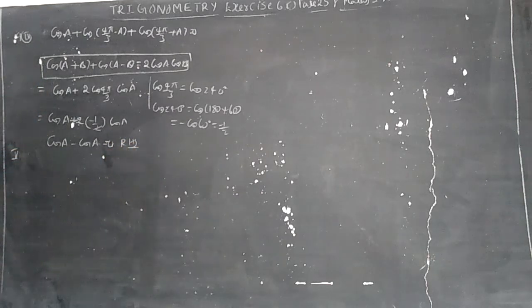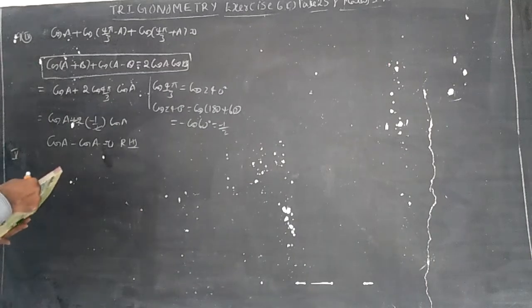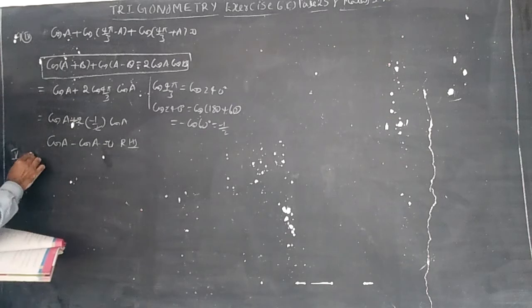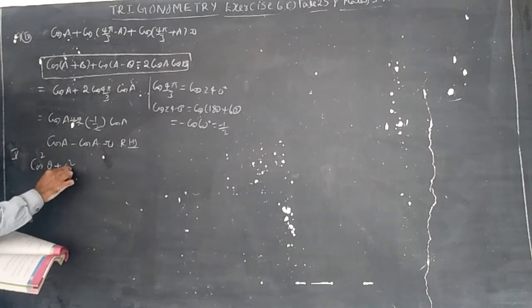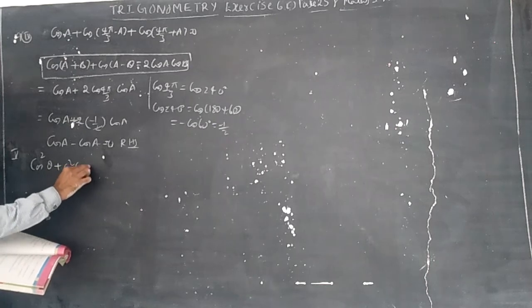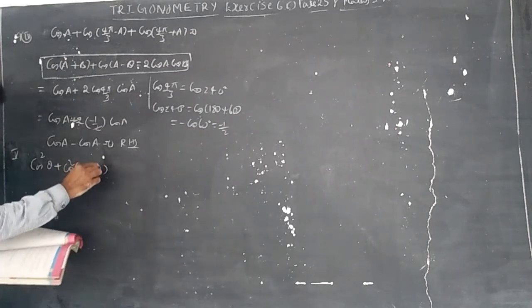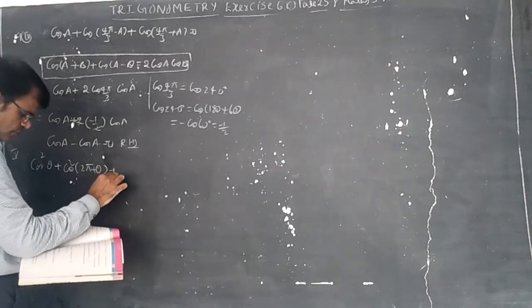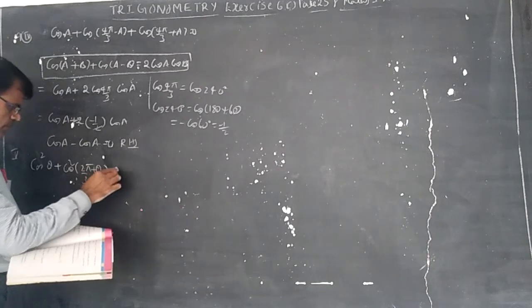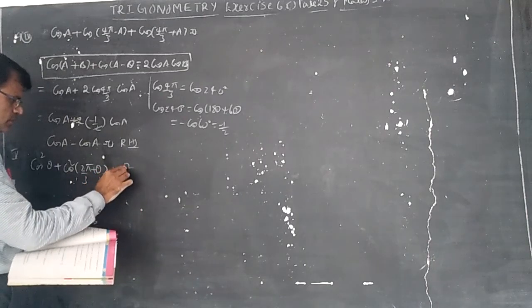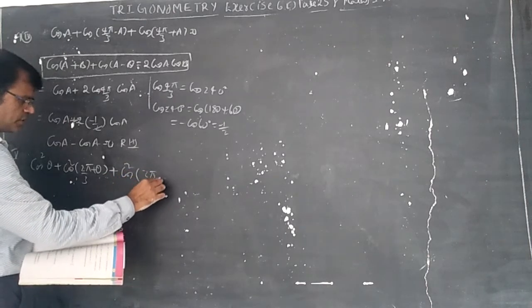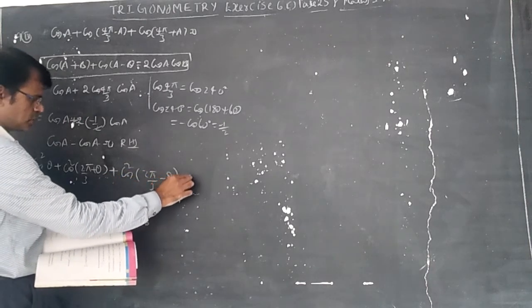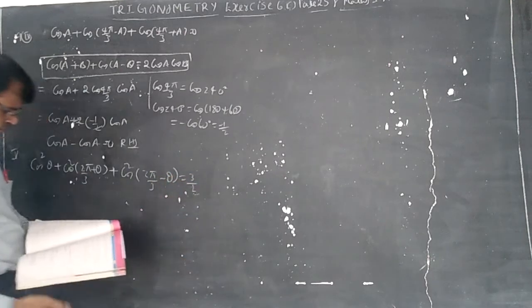Fifth one. Cos square theta plus cos square of 2 pi by 3 plus theta plus cos square of 2 pi by 3 minus theta is equal to 3 by 2.